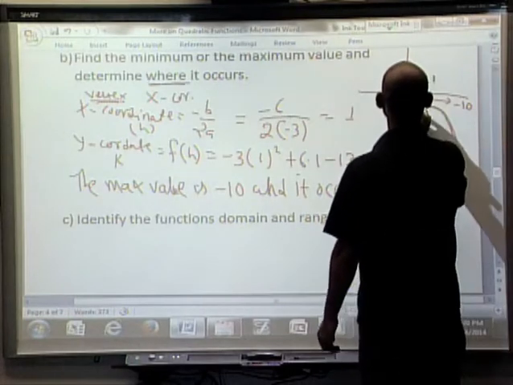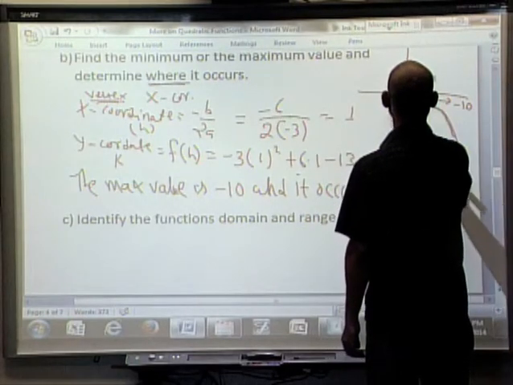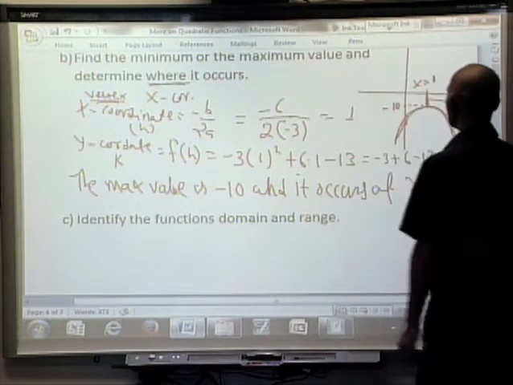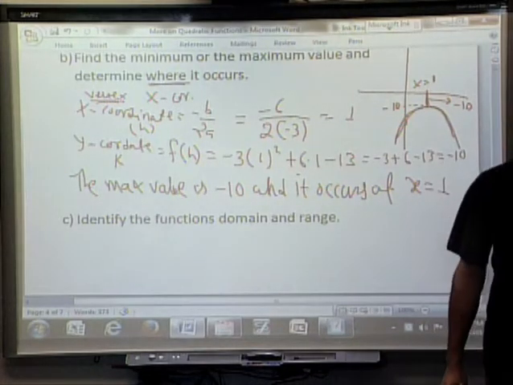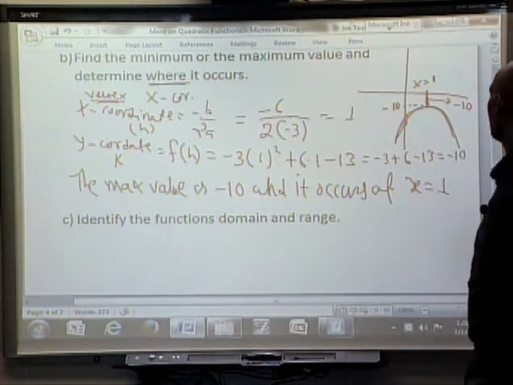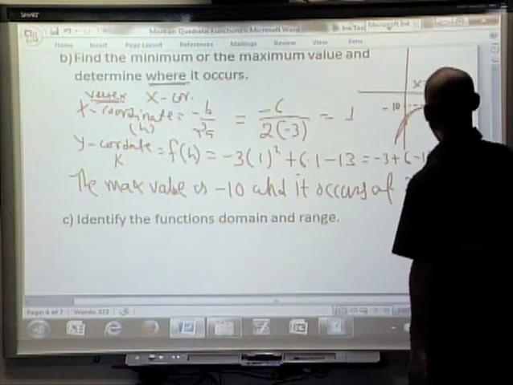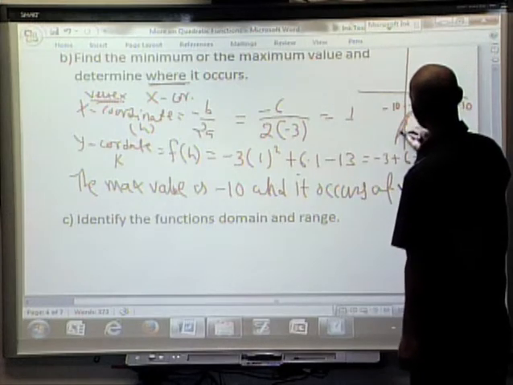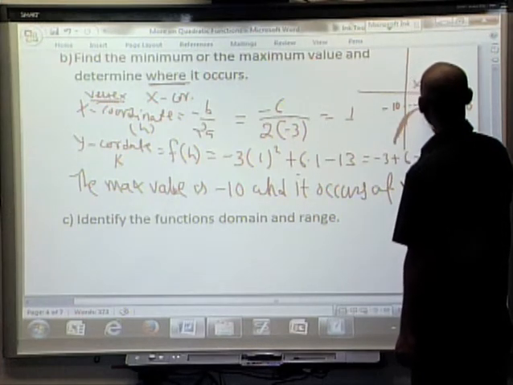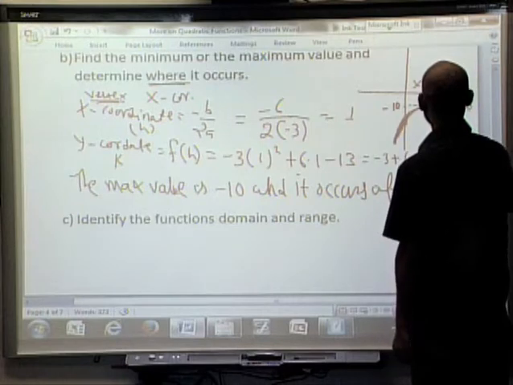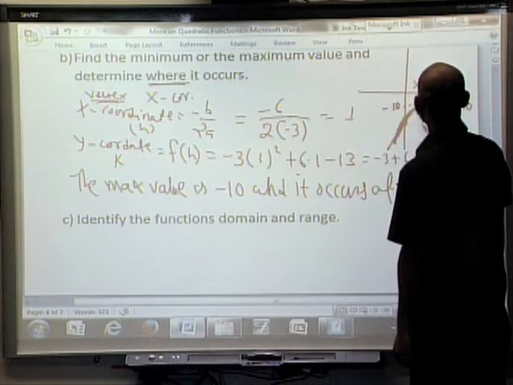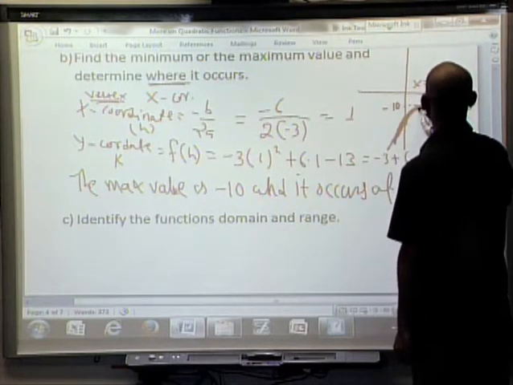The third question is also kind of interesting. We need to find what is the domain and what is the range of the parabola. The domain of this quadratic function is all the x values for this graph.